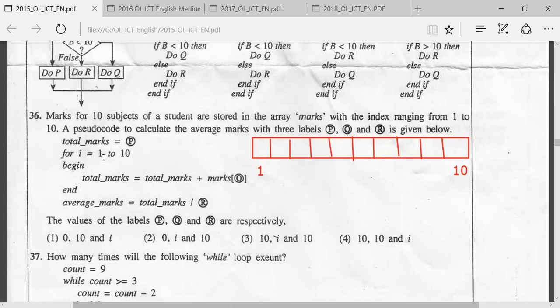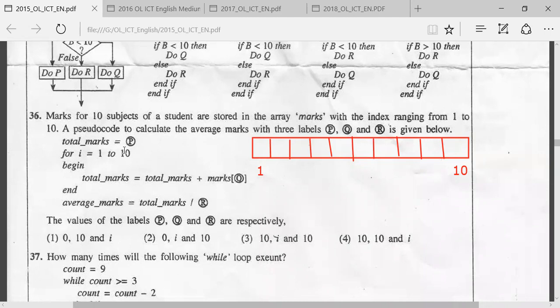For loop we already studied. In the for loop, the increment will be done by 1. So total marks, before the execution of the calculation process, will be 0. Right?